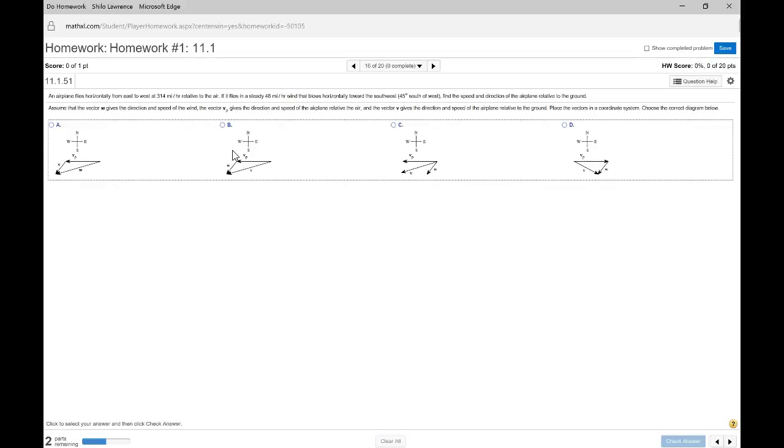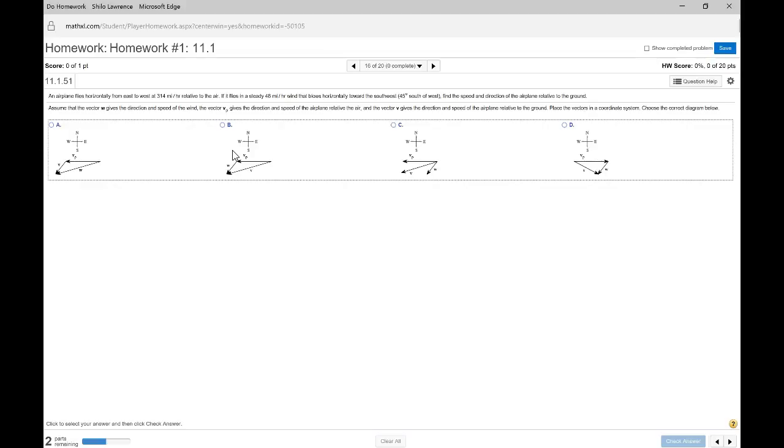Because W is going to have a parallel side over here that's going to look exactly the same, and the V should go all the way out to it. They've stopped vector V at the same exact position they stopped V sub P. We could do this with the parallelogram method, but if we did, our diagonal would not look the same as what they've just drawn the diagonal to be. So it's possible C could work, but it is incorrect because V is not long enough.